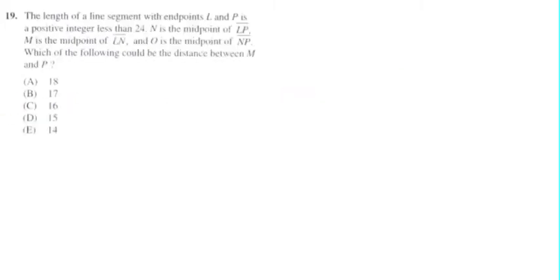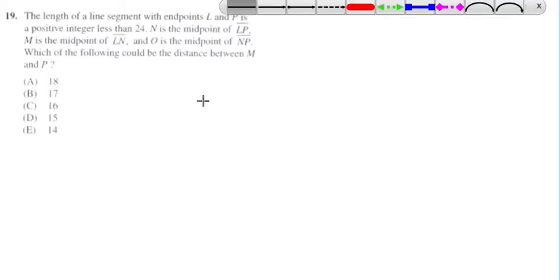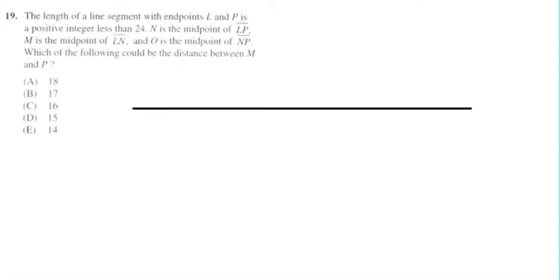Number 19. The length of the line segment with endpoints L and P is a positive integer less than 24. Okay. So if you just use the line segment here, let us say this is L, this is P. Now, M is the midpoint.